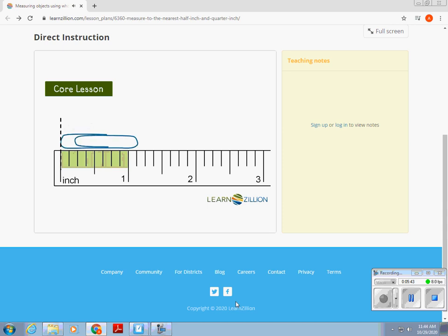Looking at this paperclip again, it is important to note that when we're measuring to the nearest half inch, chances are the paperclips are not going to line up exactly with the inch or half inch mark. This paperclip is a little longer than an inch, but we can see that it is closer to the inch mark than the 1.5 inch mark. This paperclip is closer to the half inch mark than the 0 inch mark.